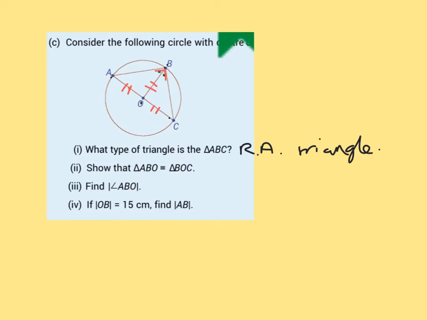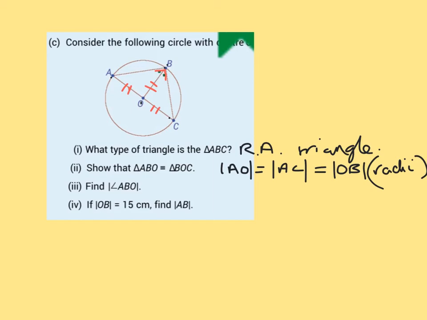A radius is a line that goes from the center point O out to the circumference, in this case O to A, O to B, O to C. So on that note, we can say that the length of AO equals the length of OB, and I just put a little explanation down there, which is radius, or radii, plural.